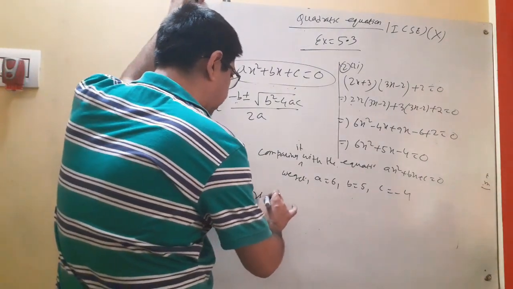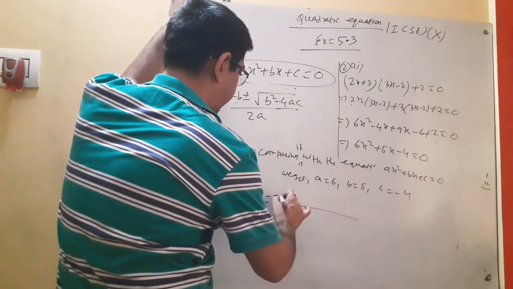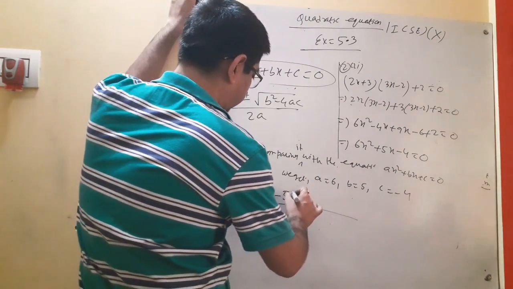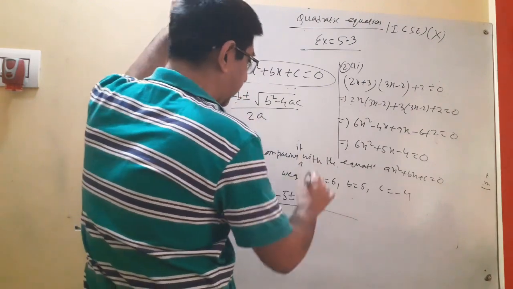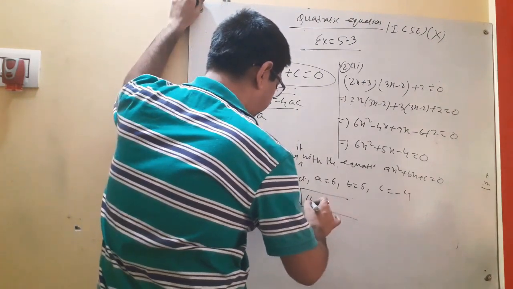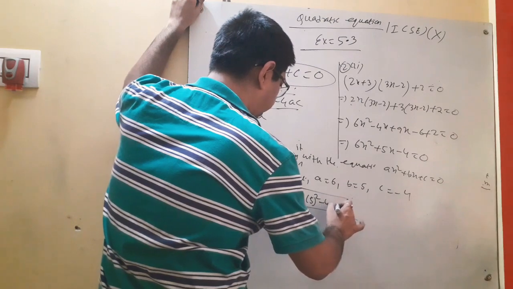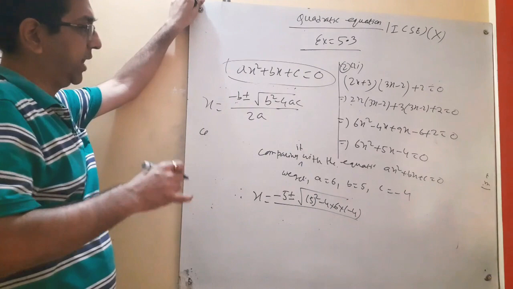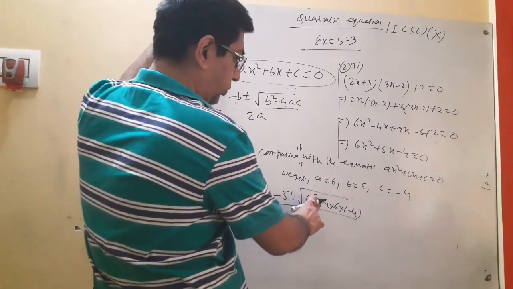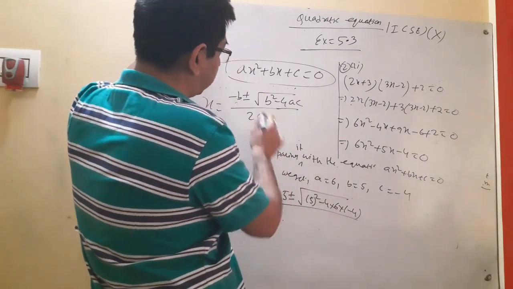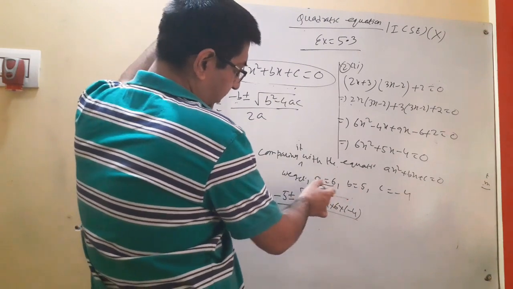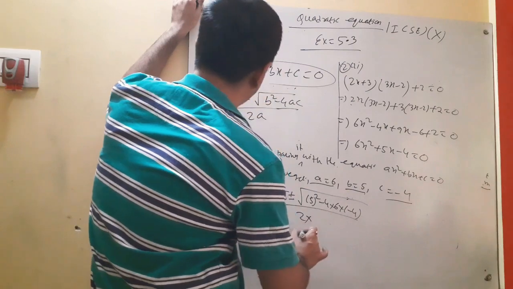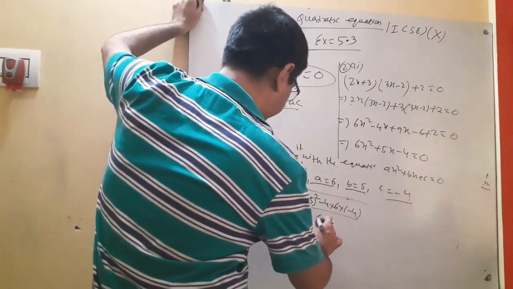Therefore, x equal to minus b plus minus root of b square minus 4ac by 2a, that is minus 5 plus minus root of 5 square minus 4 into 6 into minus 4, by 2 into a, a is 6.